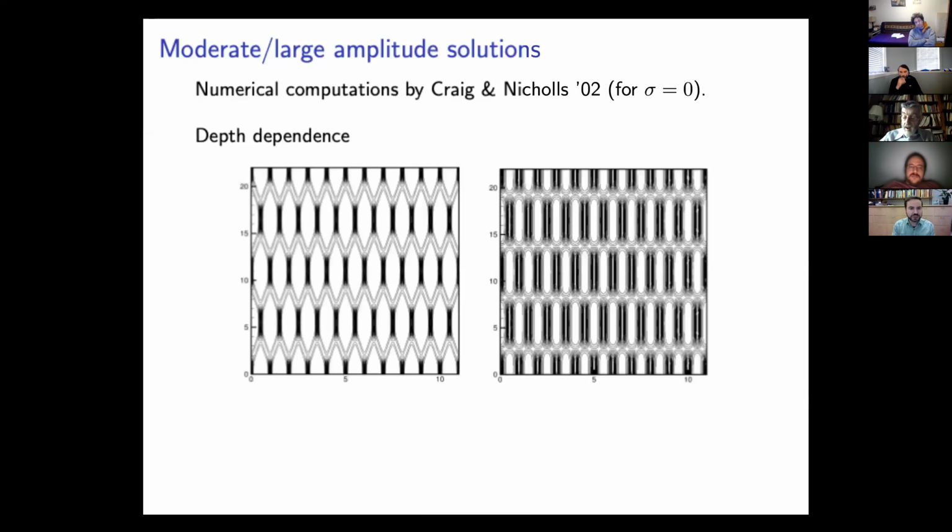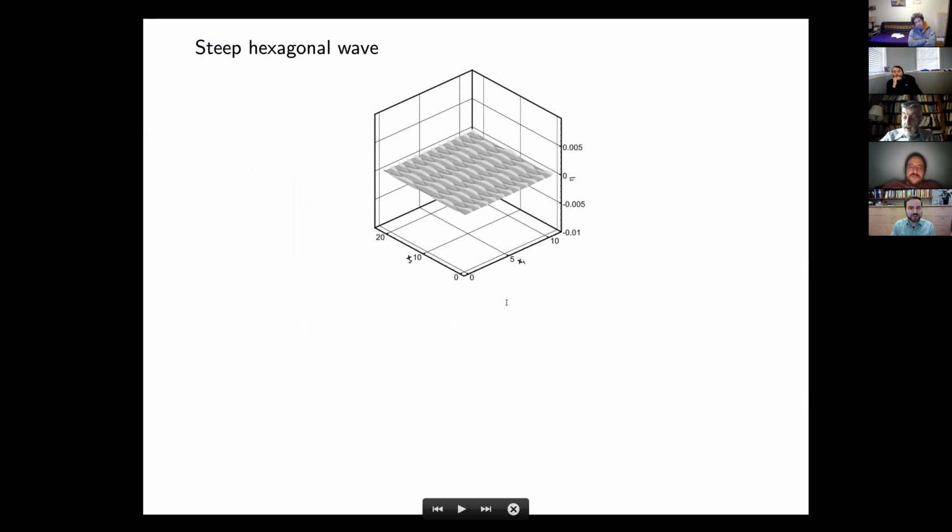Okay, and I also included another picture from the Craig and Nicholls paper. So these were contour plots, and these are plots of the actual surface. Okay, so these are numerical works, not proving anything, I mean, in this direction. So with large amplitude would be very interesting. And so for gravity waves, one particularly interesting question is, of course, what type of singularities you can get.